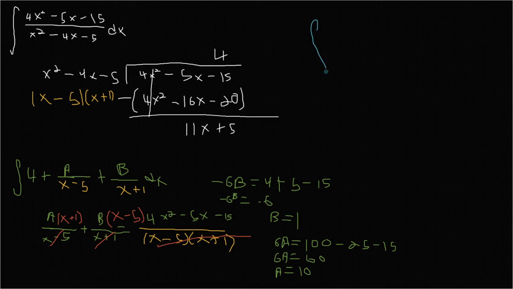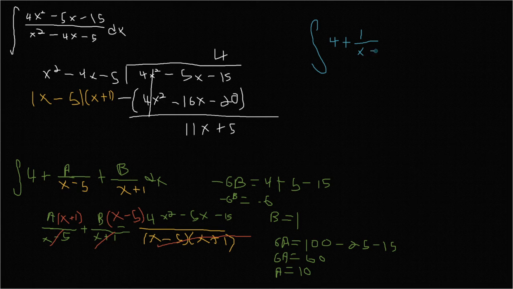And so now we have our values for a and b. And now this integral is basically right. We just have to substitute in our values for a and b. So 4 plus 1 over x minus 5, oh wait, a is 10.